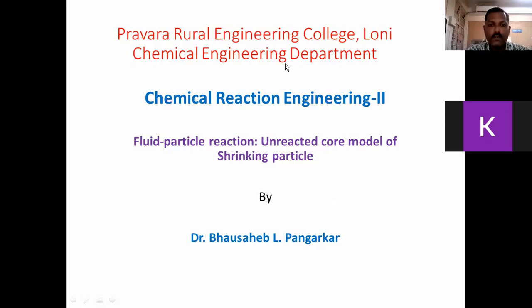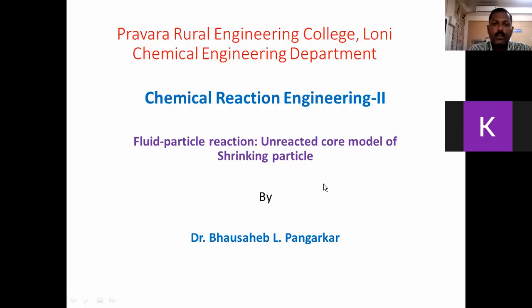In the fluid-particle reaction, the unreacted core model of shrinking particle means the particle changes size. Now we see the model. In the previous lecture we have already seen the three controlling steps: the gas film controlling step, the ash layer diffusion controlling step, and the surface reaction controlling step.